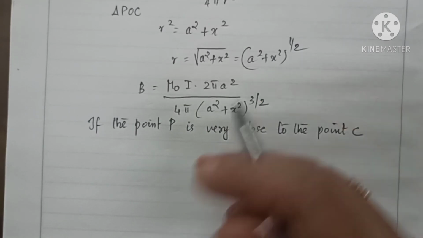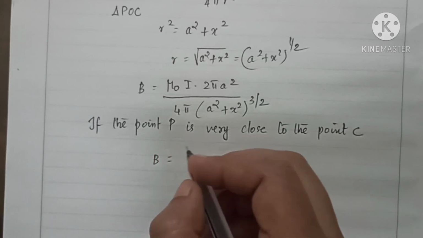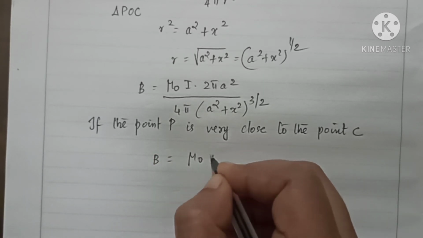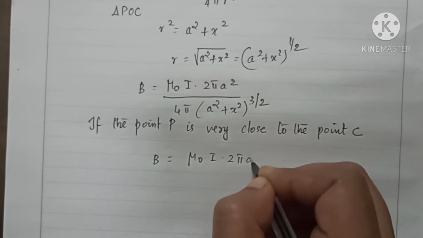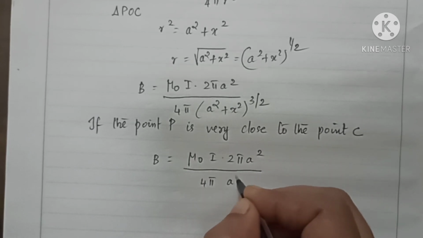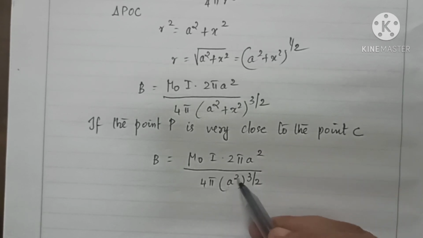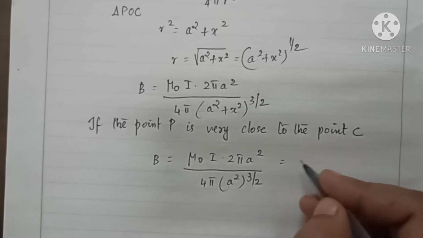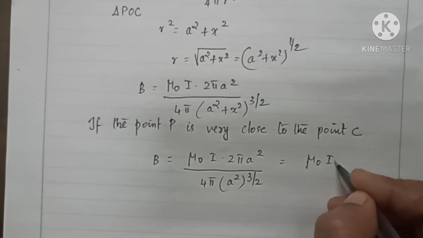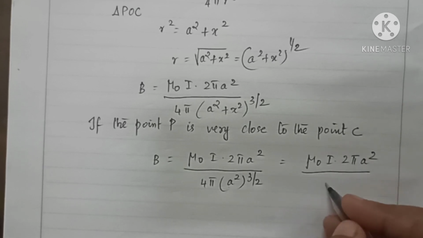Okay, so the final equation is B is equal to mu 0 I 2 pi a squared divided by 4 pi into a squared the whole raised to 3 by 2. That is, a squared the whole raised to 3 by 2 will give you a cube. So mu 0 I into 2 pi a squared divided by 4 pi a cube.